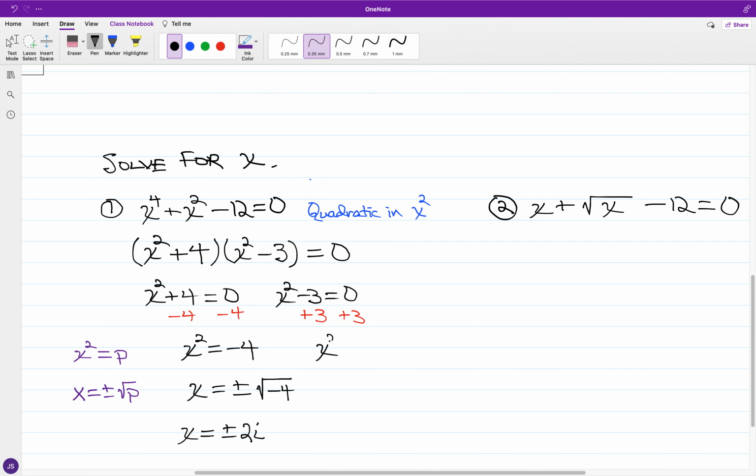Now, the second item, again, is quadratic in the square root of x. Writing what we have in factoring, with x you can factor out x as the square root of x times itself.